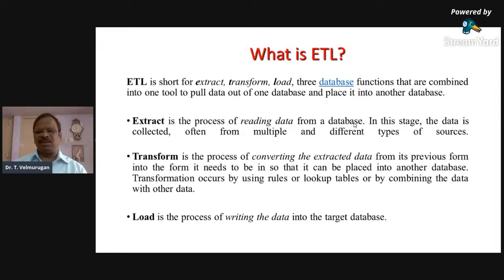For the transformation of the original information from source to destination, we require the transform process. Transformation occurs by using rules or lookup tables, or by combining the data with other data.